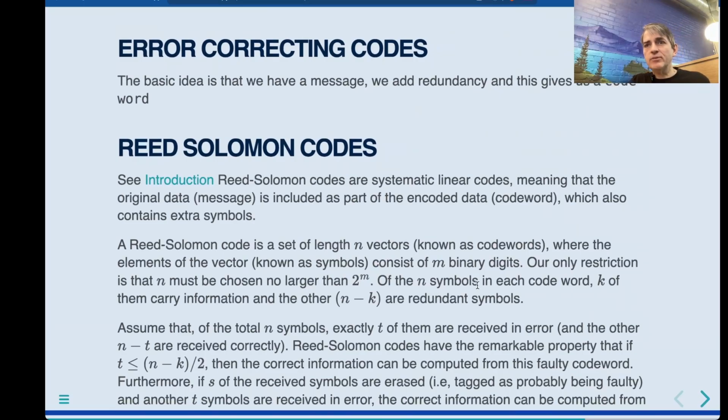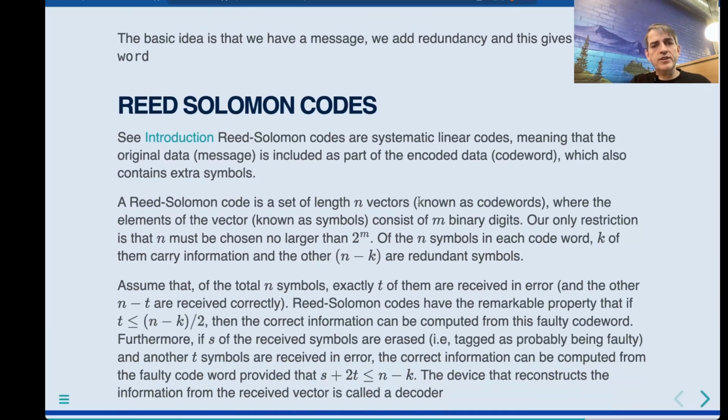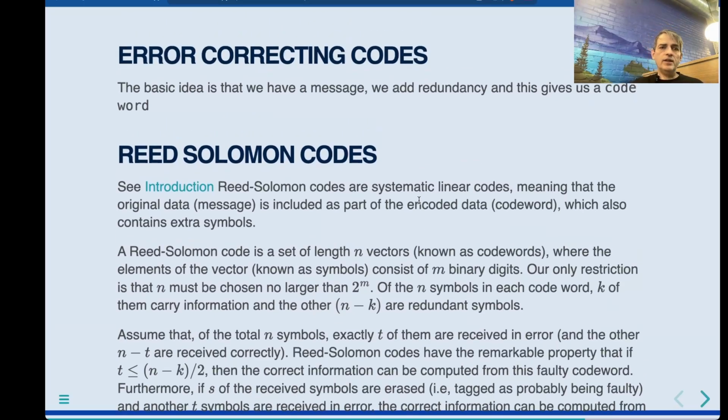I think we don't have a lot of time, so I'll just quickly mention error correcting codes. This is the idea of introducing redundancy into some message that we have. So if you send a message, it could get garbled in its transmission before it hits the receiver.